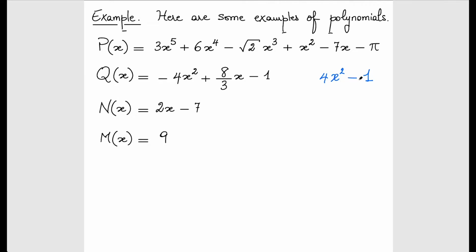Yeah, this is a finite sum again. 2 summands, each of which looks like a constant times x to some power where this power is an integer greater than or equal to 0. And in this term, 4 is the constant, 2 is the power, and in this term, the constant is -1 and the power is 0, right? So certainly this is a polynomial of degree 2 in this case.